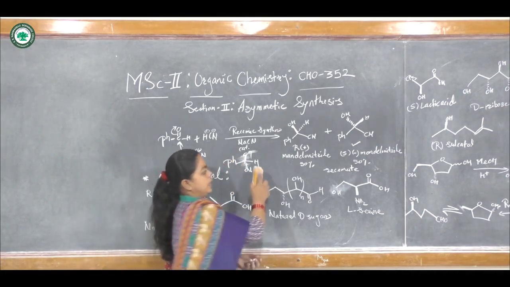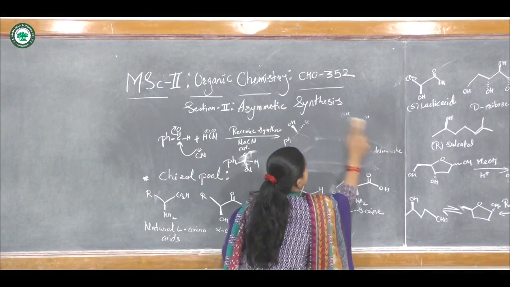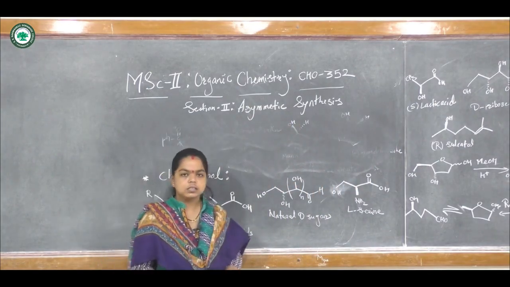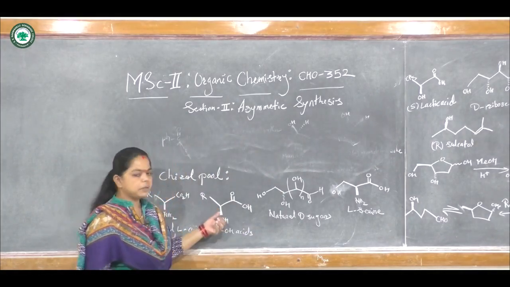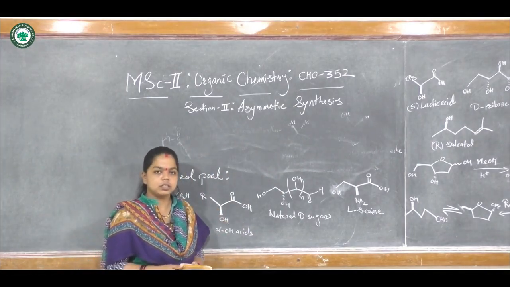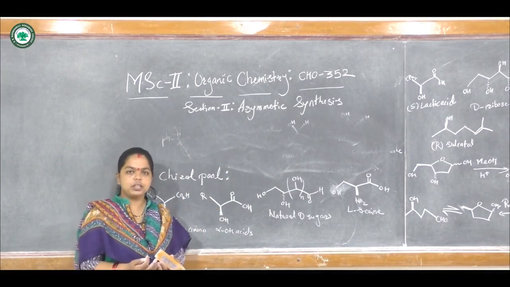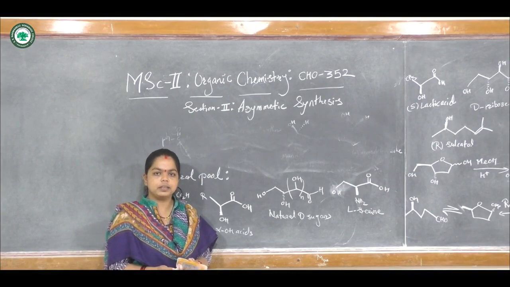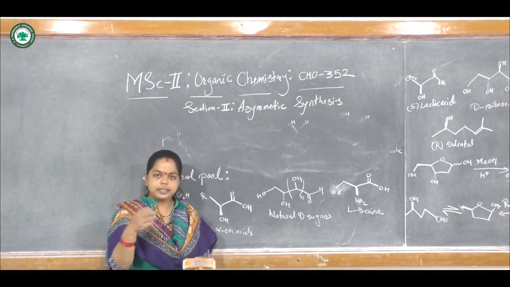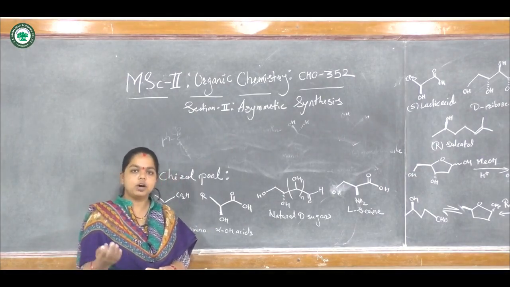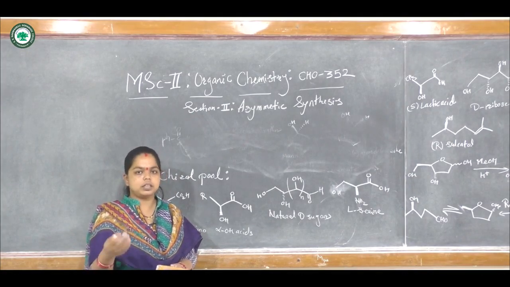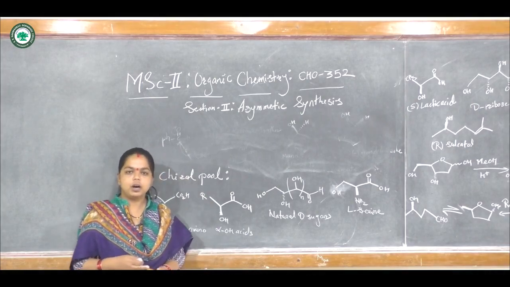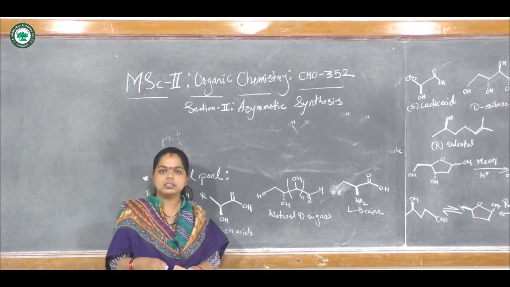Now what is this chiral pool? It is simply a collection of naturally occurring molecules, present in enantiomerically pure form, that have a configuration or structure similar to that of the substrate, so that they can be incorporated in the substrate.